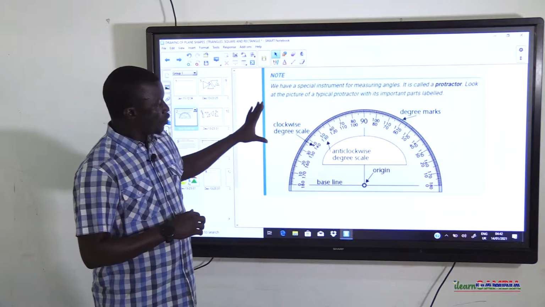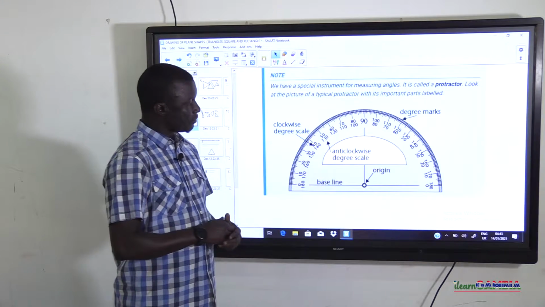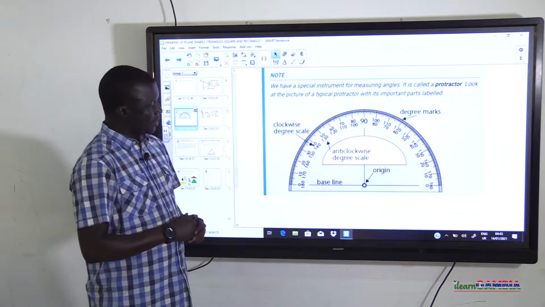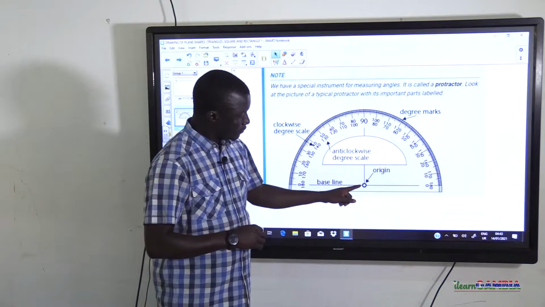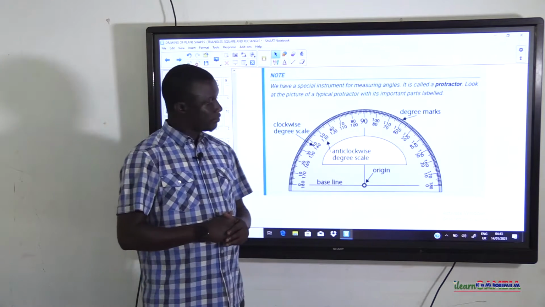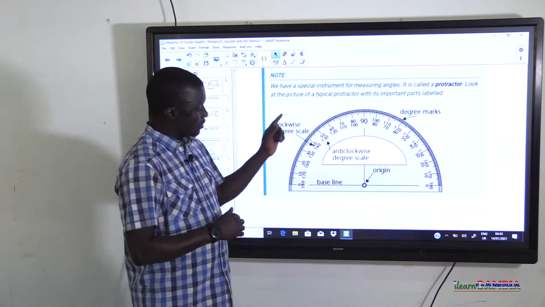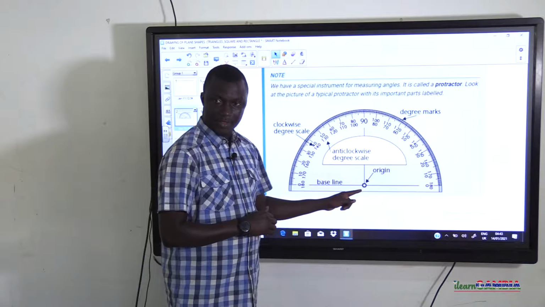And then the picture here shows a typical protractor with its important parts labeled. As you can see, the origin here is at the bottom middle of the protractor. It is a very important point because you start measuring your angles from this point.